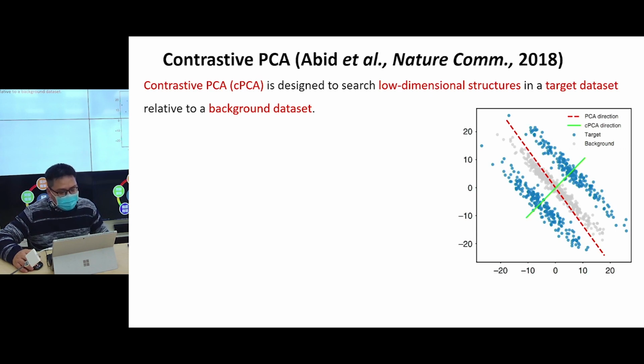The red line represents the projection by PCA, and the green line represents the projection by contrastive PCA. You can see that in this case, CPCA performs better than PCA because PCA cannot effectively eliminate the information from the background data set, and we know the background data set contains some uninteresting information.